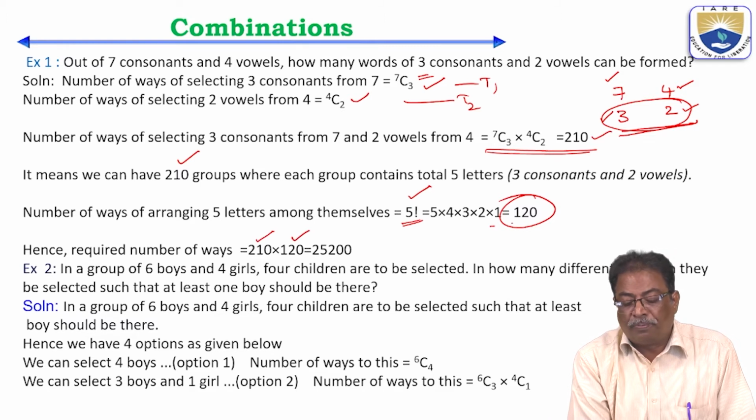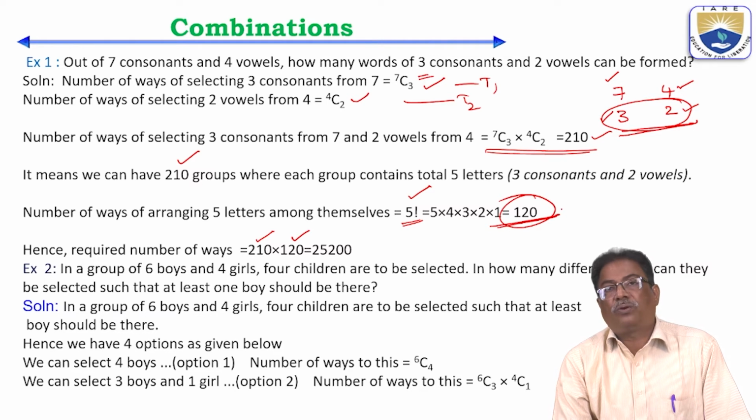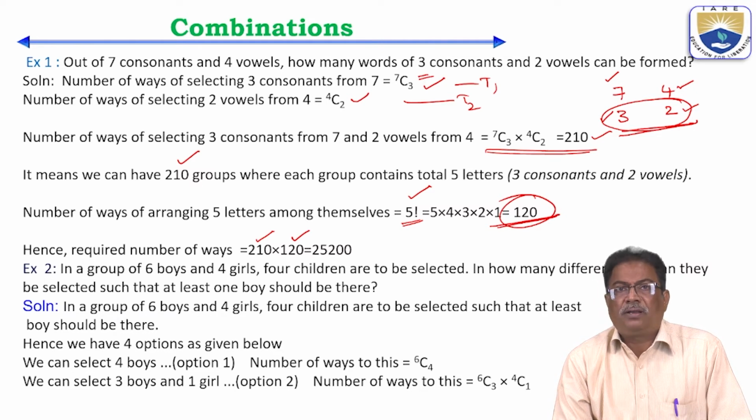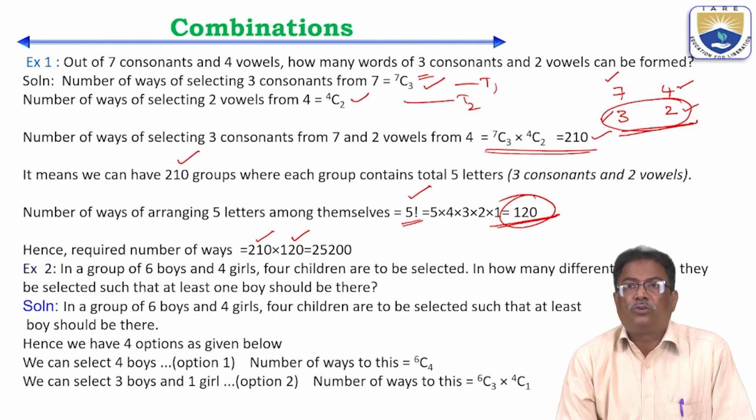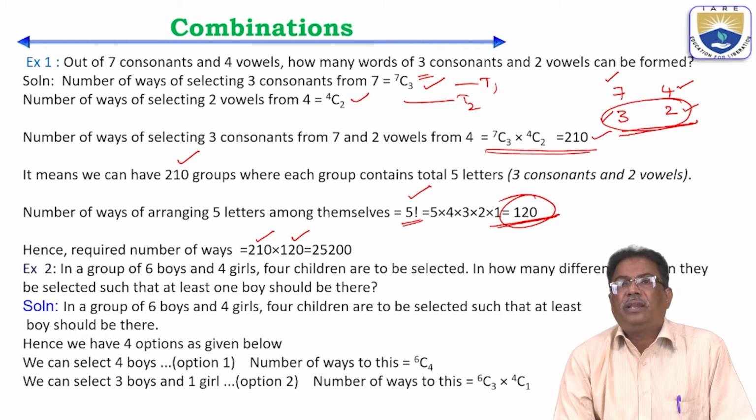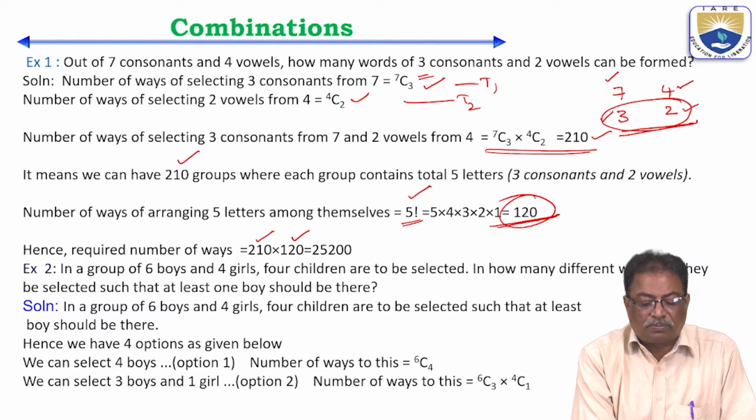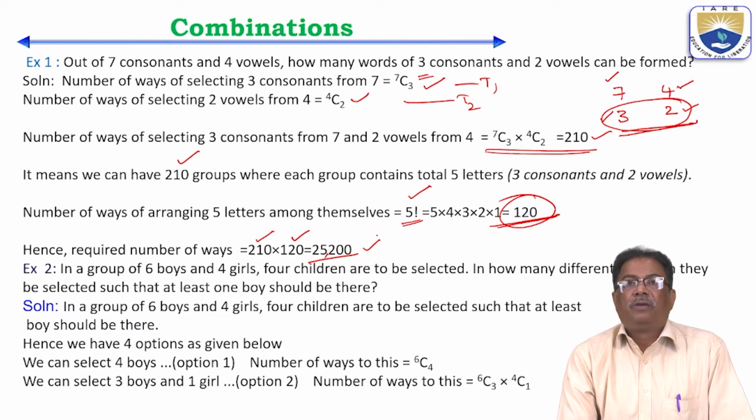For each group, there are 120 ways we can arrange the 5 letters among themselves. So there are 210 groups, and 210 into 120 gives the number of ways.